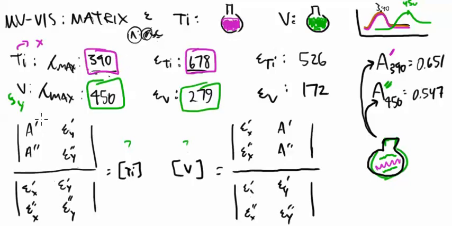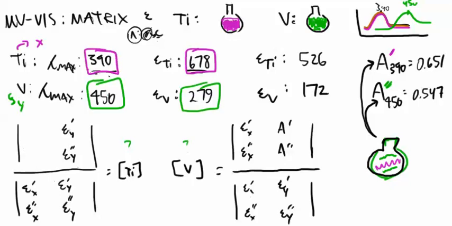Okay, so now look at what happens with this matrix. Here is absorbance prime and absorbance double prime. I now know what those are. I've just defined them right over here. I've said that my prime numbers are at 390, and I've said that my double prime numbers are at 450.